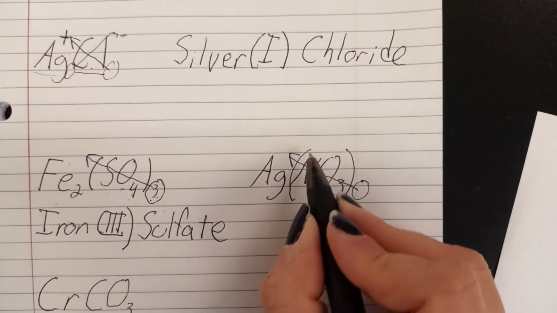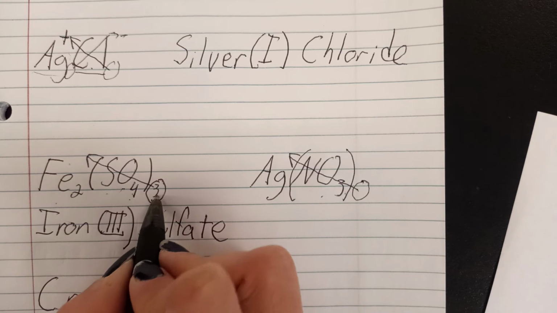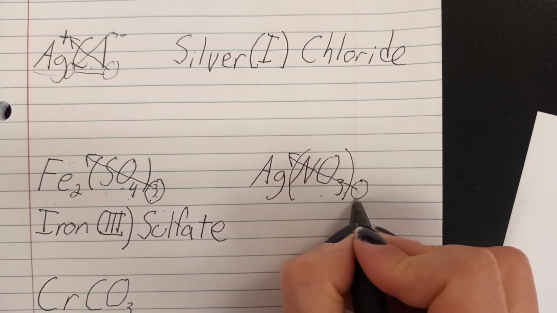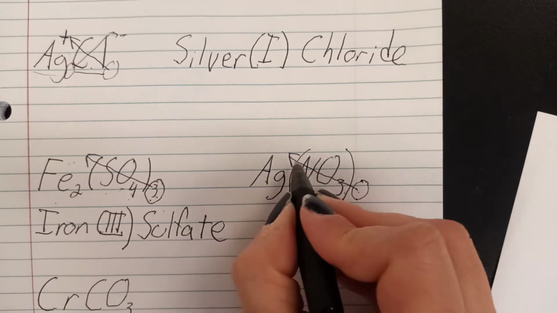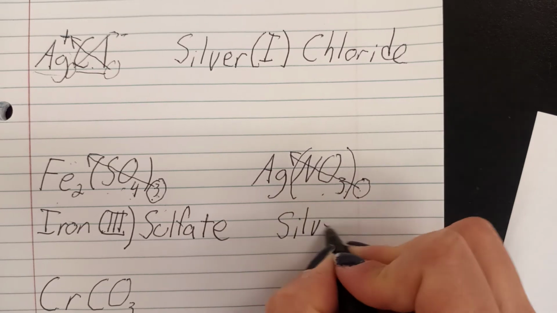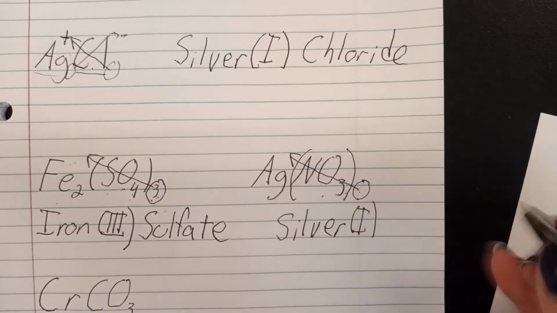So you have to put the parentheses back if you've got a polyatomic ion. We take the number that's outside the parentheses. We took them away earlier, but we're going to put them back for now. It brings that plus up there. It makes this silver 1. Okay, nitrate.